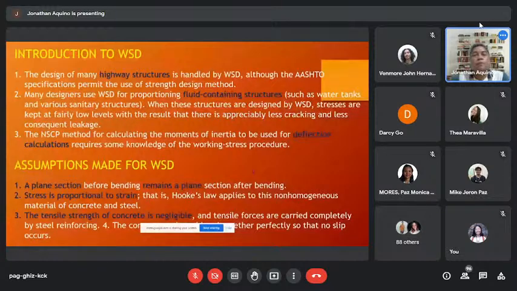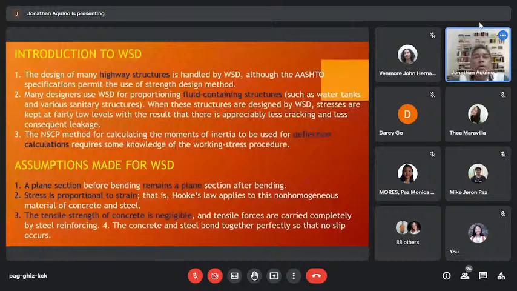So in working stress design, there are three assumptions. In number one assumption, plain sections before bending remain plain after bending.